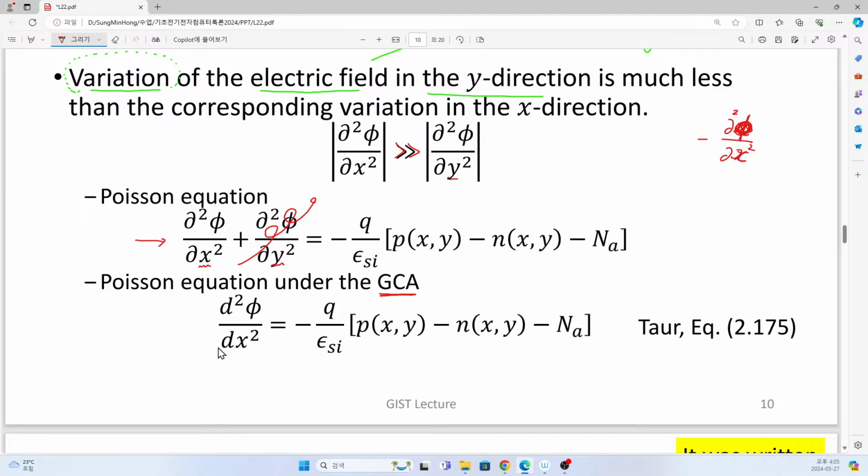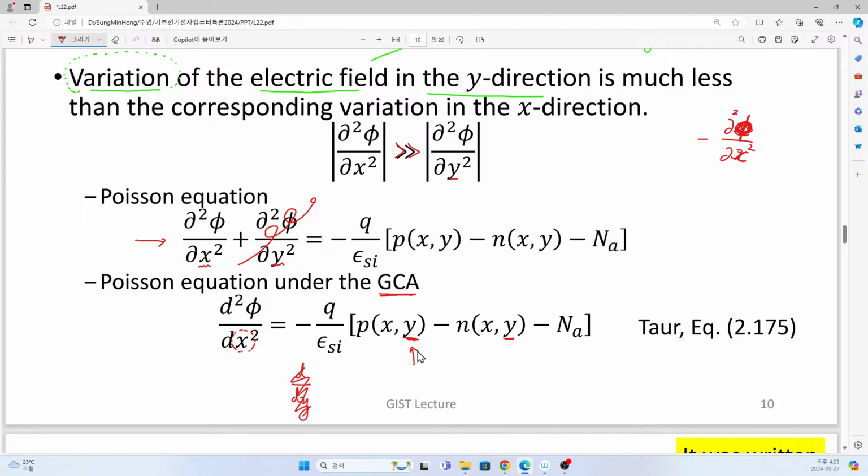So now we once again have an equation only having x-directional derivative. Of course, here we have the y-axis coordinate again, but please note that there is no derivative with respect to y.